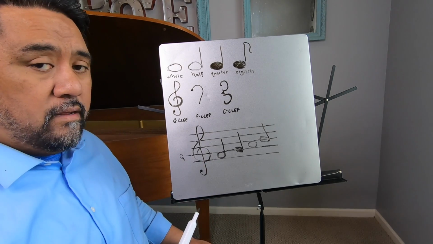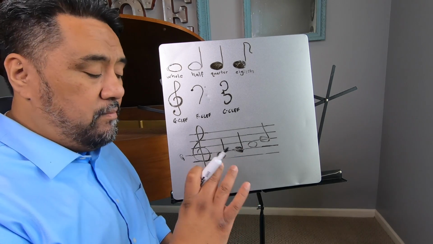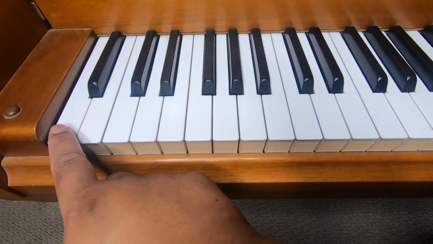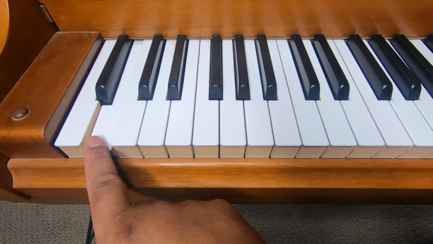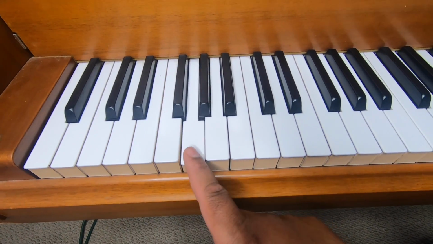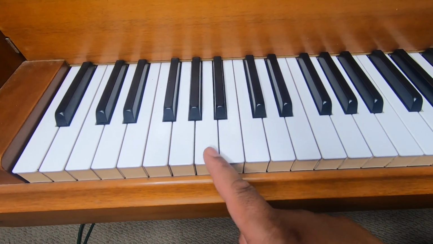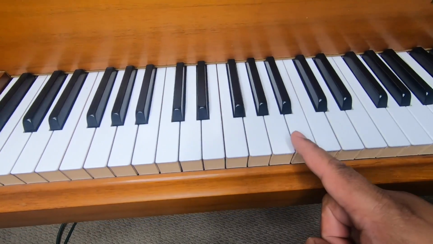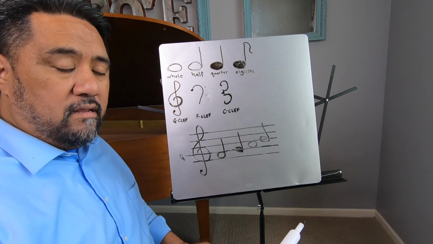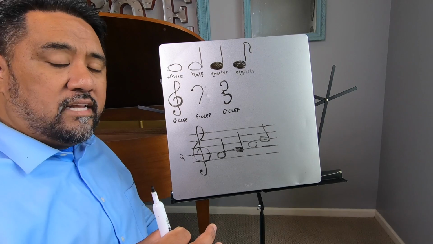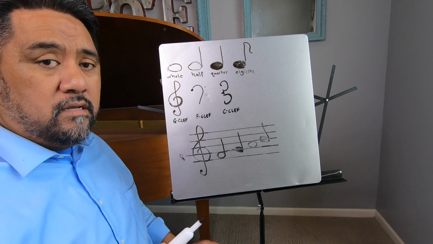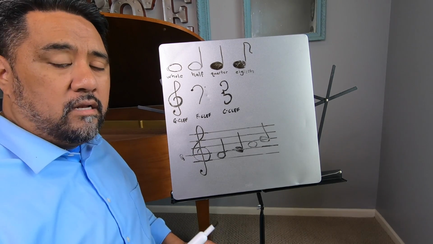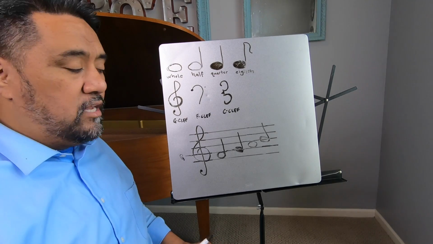Now, as we talked about in the other video, the sets of the alphabet found on the keyboard repeat themselves. And each of those sets is actually called an octave. So a set from A, B, C, D, E, F, G, and then restarting on the next set, A, B, C, D, E, F, G. Each of those sets is called an octave. There's 7 full octaves on the standard piano or keyboard.